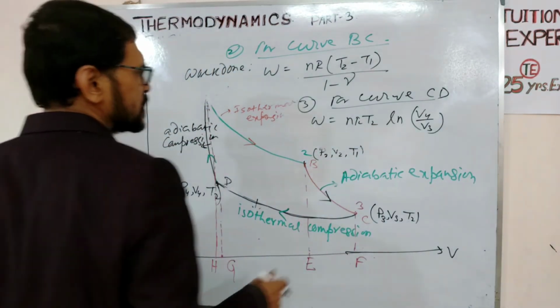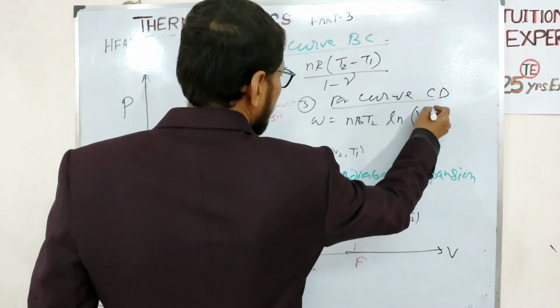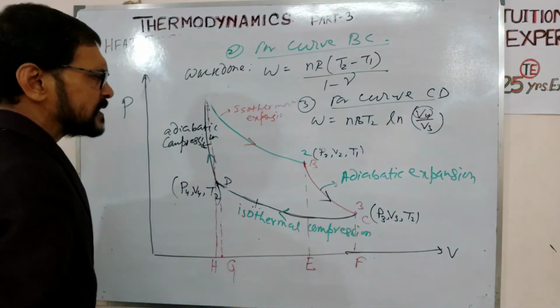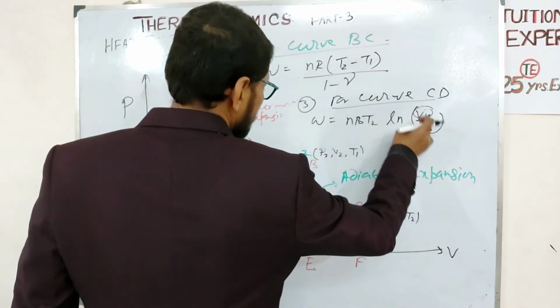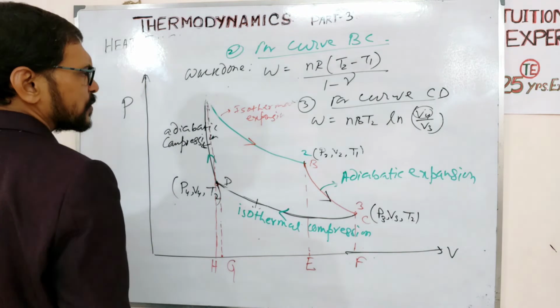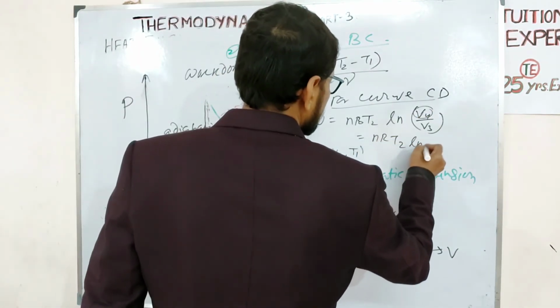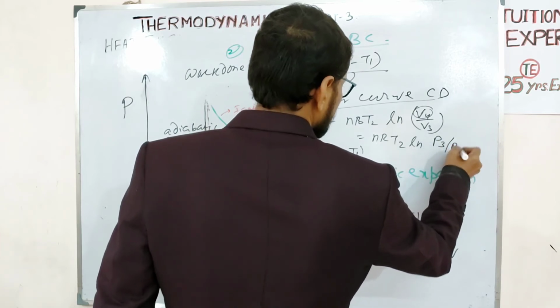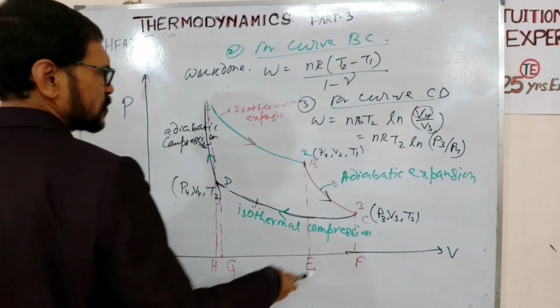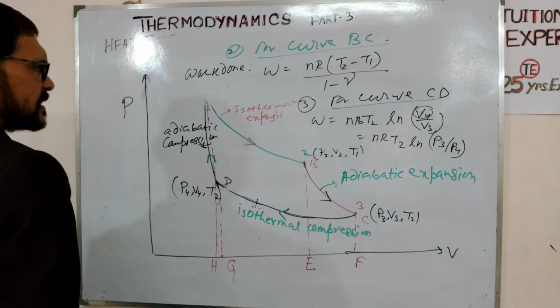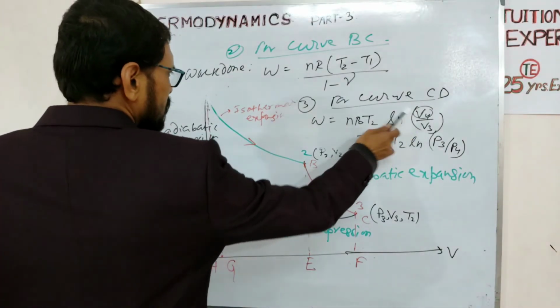We always use final volume by initial volume. Or we can use ln P3 by P4. P3 is less than P4, so this is also negative. For curve CD, the work done equals this.